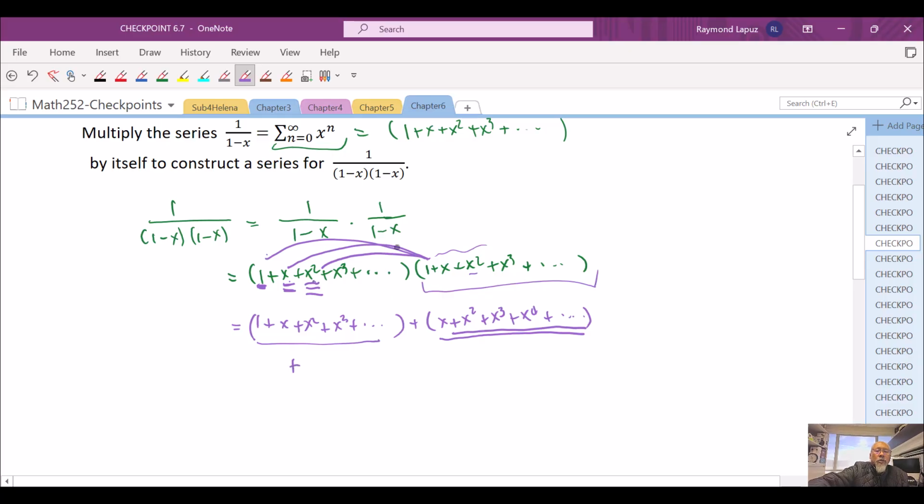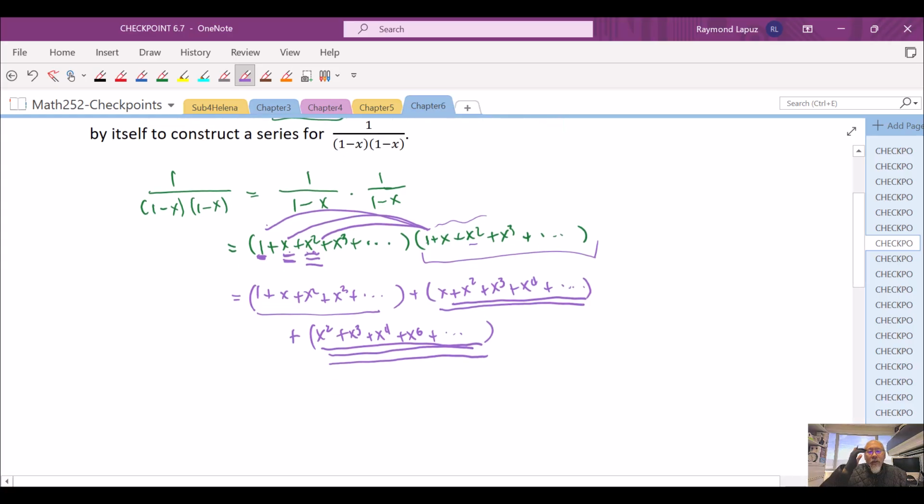That's going to be x squared times 1, so that's x squared; x squared times x, that's x cubed; x squared times x squared, that's x to the fourth, and then x to the fifth, and then ... All right, so that captures that third multiplication, and technically you'd go on forever, and of course you don't have forever to do. So what we'll do now is figure out how to combine like terms and see if we can find a pattern.